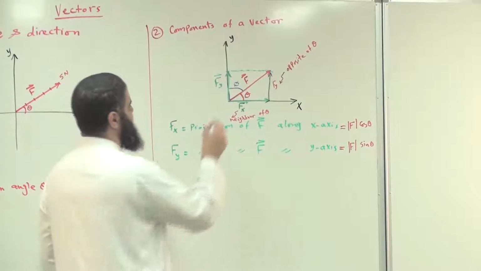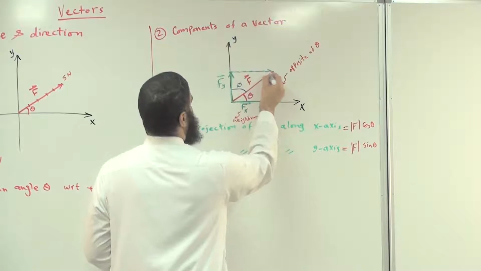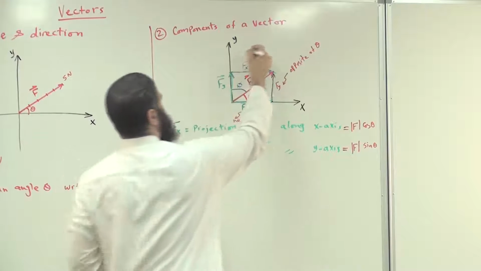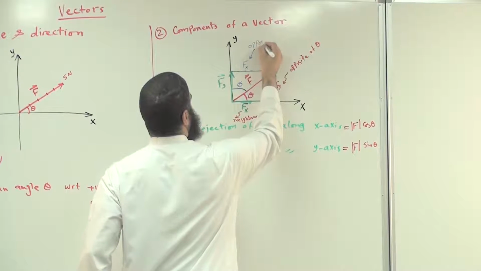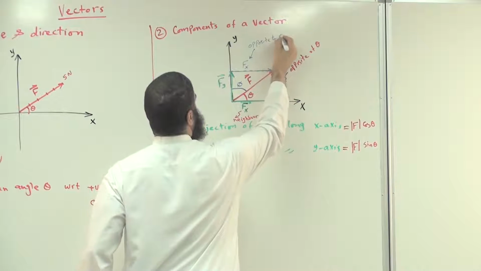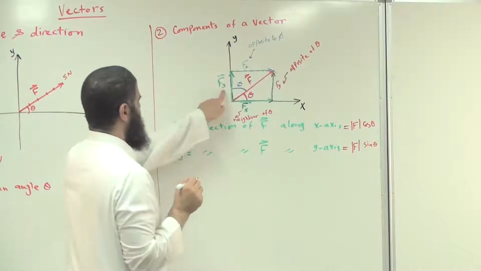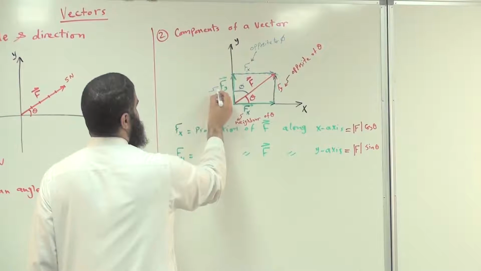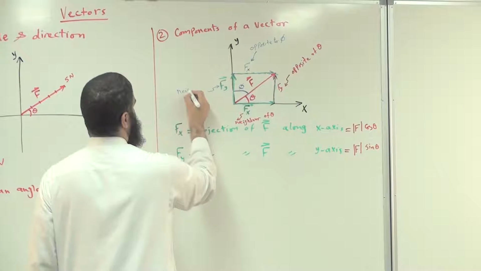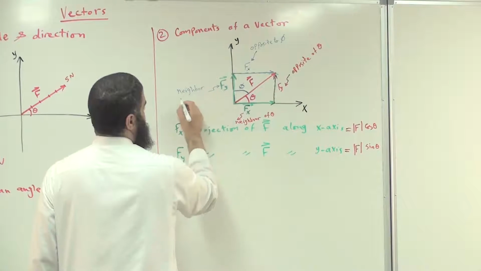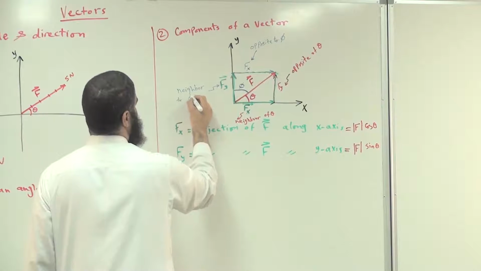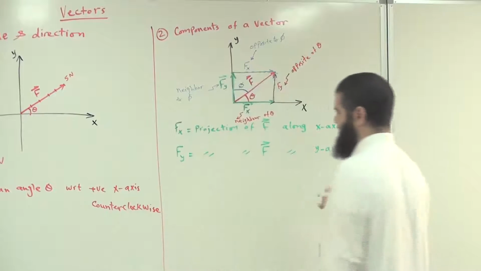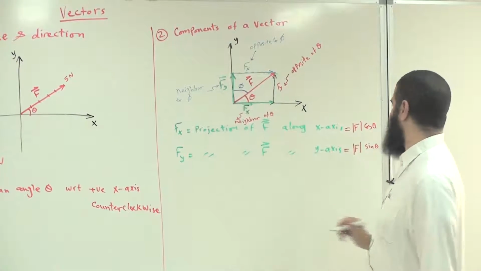In this case, Fx is opposite to angle phi, while Fy is the neighbor or the adjacent of angle phi. So now we can express Fx and Fy using this angle phi.